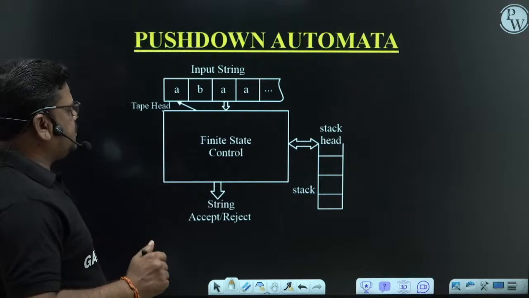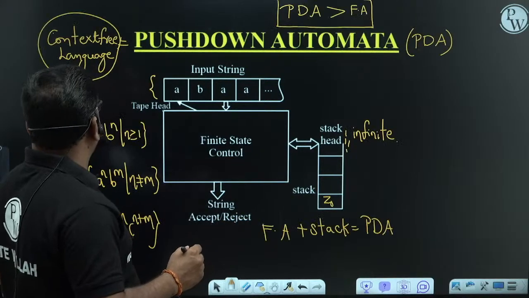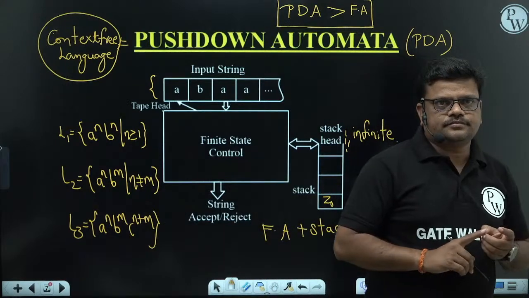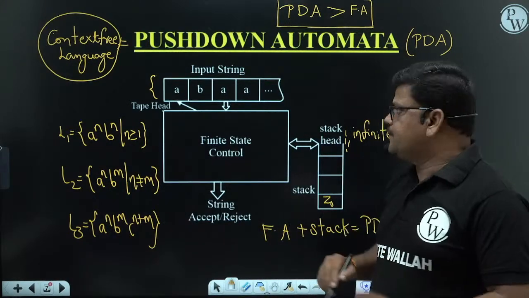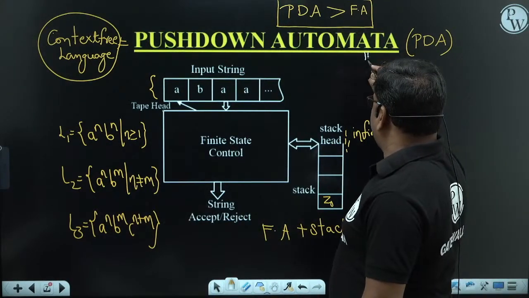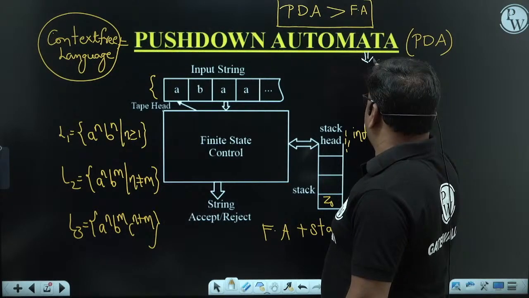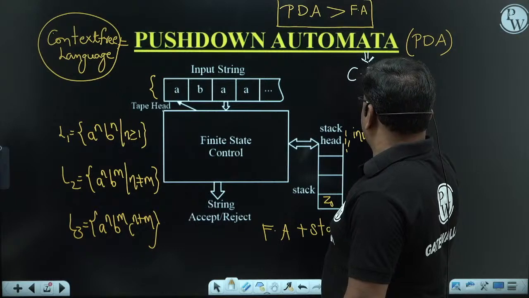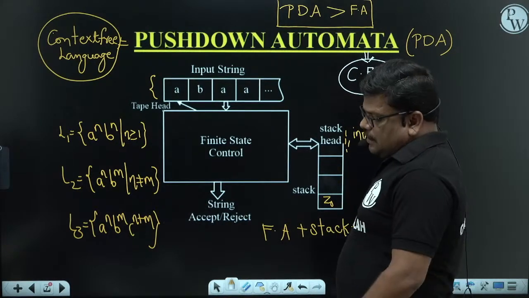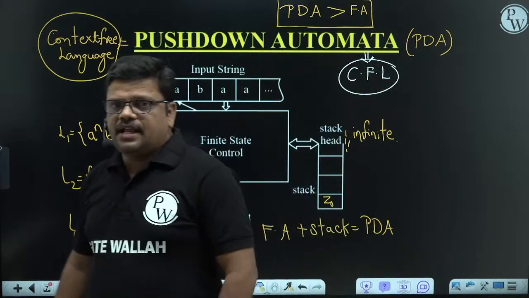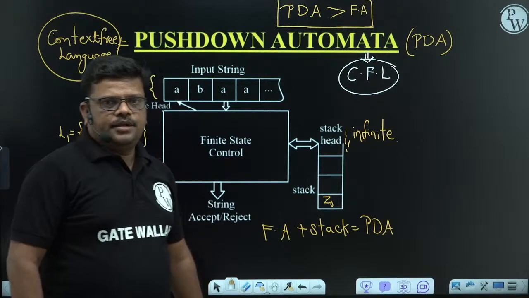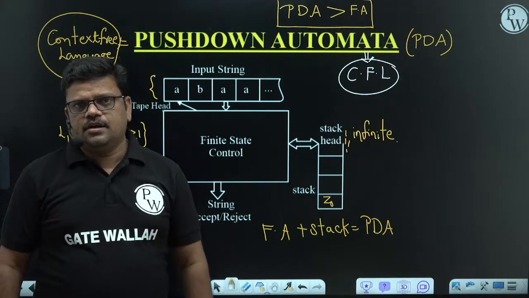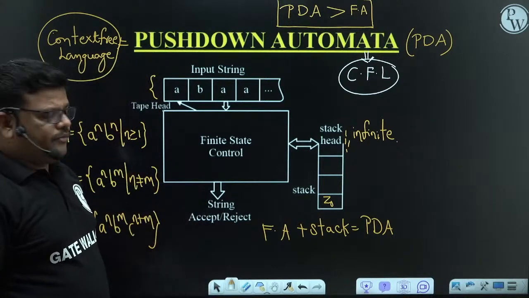The languages accepted by pushdown automata are context-free languages. Languages accepted by PDA are called context-free languages. In short form, we'll call them CFLs. Now, while accepting these languages, PDA has two methods, two ways of acceptance.